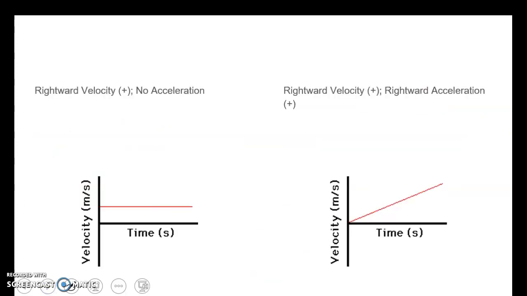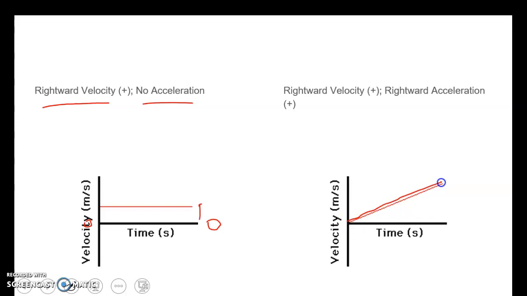So here's some explanations of some graphs. Here's our first graph, okay? Now consider this part to be 0. When we talk about velocity, our time is increasing, so our velocity is 0. If we are above 0, all right, and our line's flat, that means we have a positive rightward velocity. It's flat, so we have no acceleration.